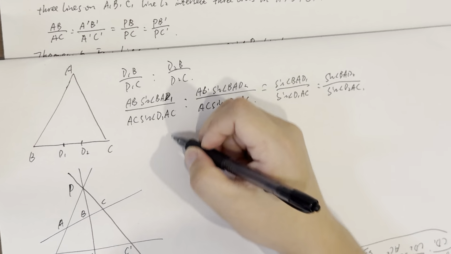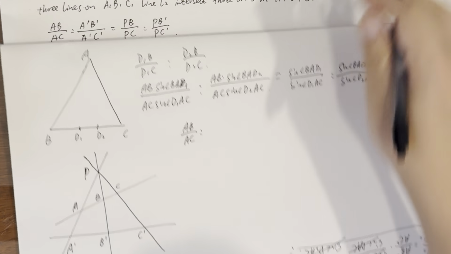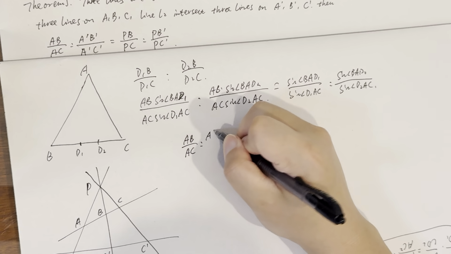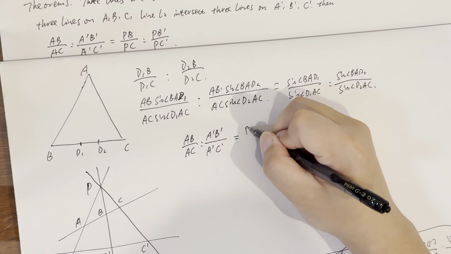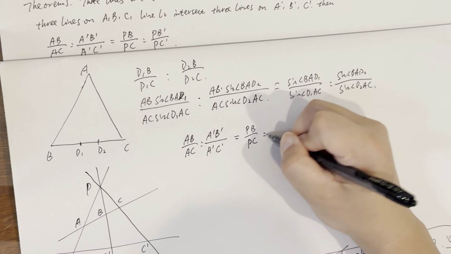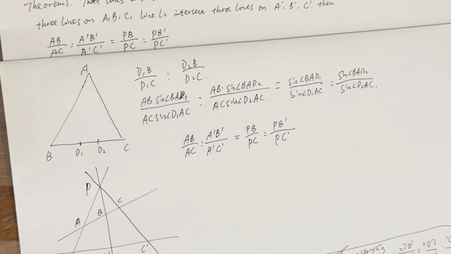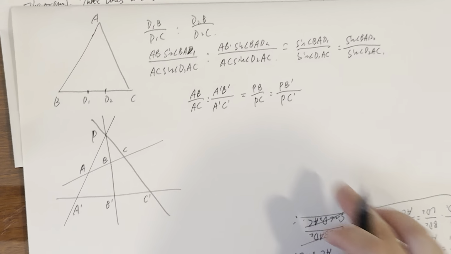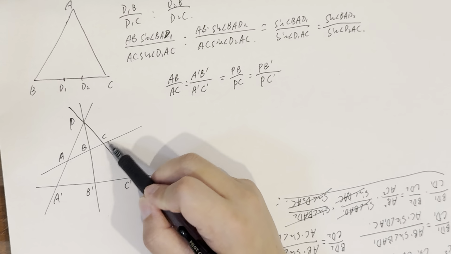So we want to calculate AB to AC to A prime B prime to A prime C prime equals PB to PC to PB prime to PC prime, right? We want to calculate this one. So let's just see. AB to AC, what is AB to AC?